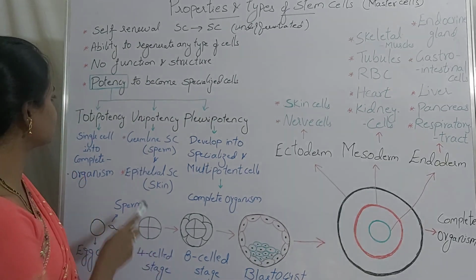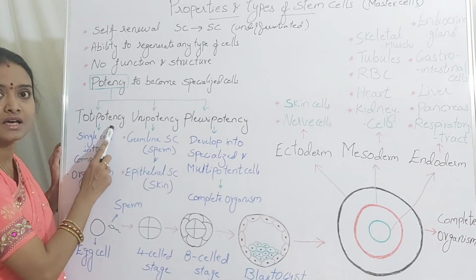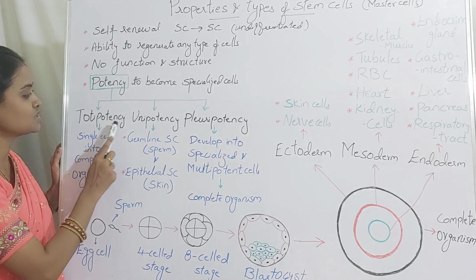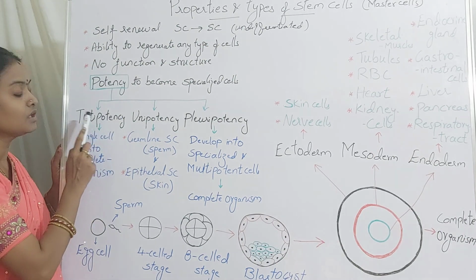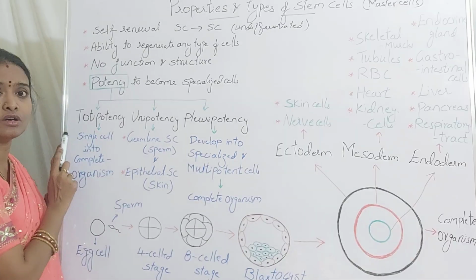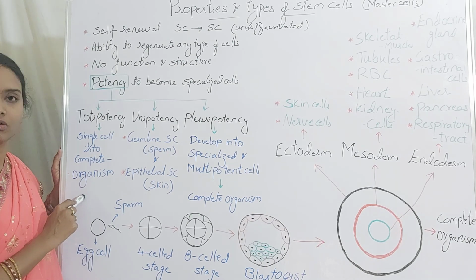So first we will see the totipotent cells. Right? The totipotent cells have the totipotency effect. Totipotency is the ability of a single cell to get transformed into a complete organism.